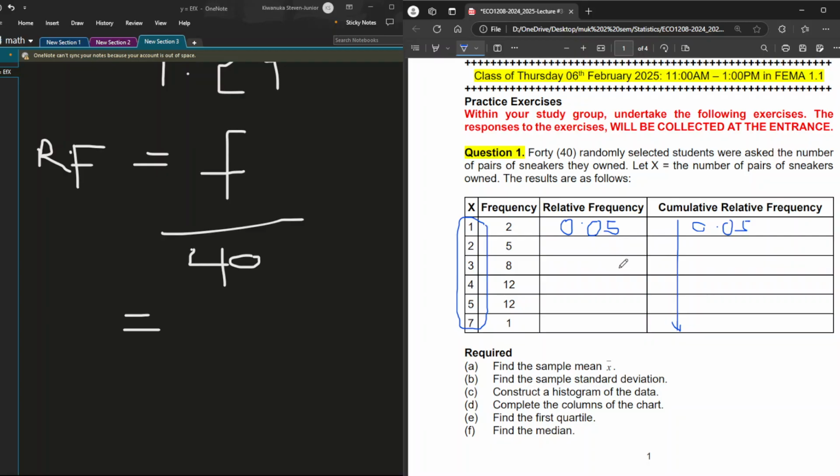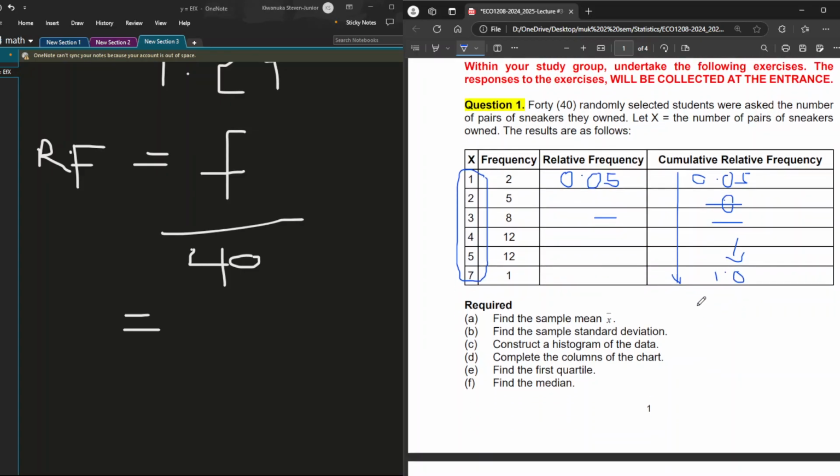Now cumulative means keeps on piling, adding. So now the next figure here is when you get 0.05 plus this, then you get this. The next answer here is when you get this value you got plus the one which is here, you get what is here. Like that, till you reach the final one. And my last one is exactly 1. That is how we find cumulative frequency.